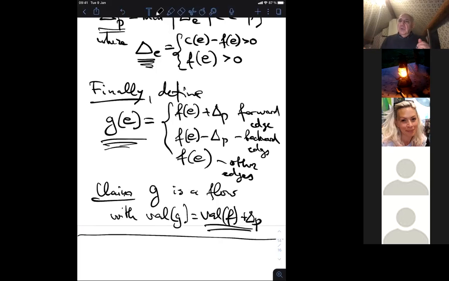And once we have done it, we increase our original flow by this amount, this delta P we just discussed. And then we have a new flow. If a new augmenting path exists, we can still increase it, and so on and so on. Here it's important for the algorithm that we are working with integer numbers.